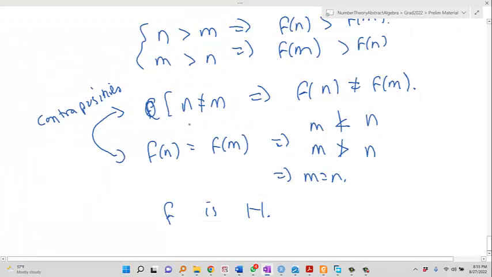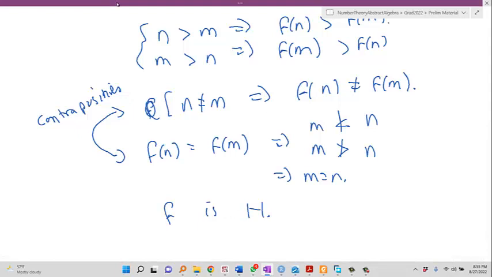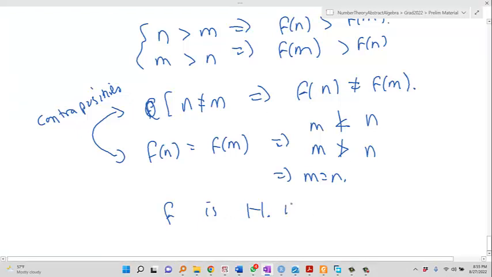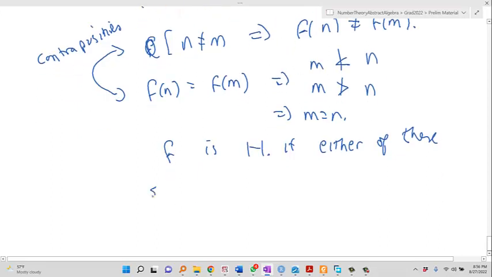So these are both equivalent ways of showing that f is one-to-one. Just to make that clear, f is one-to-one if either of these statements holds, and as I said, they're contrapositives of each other.